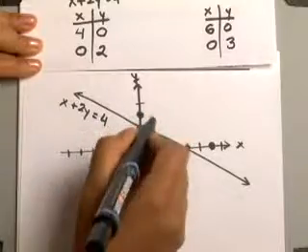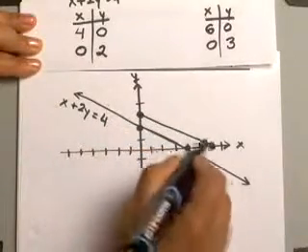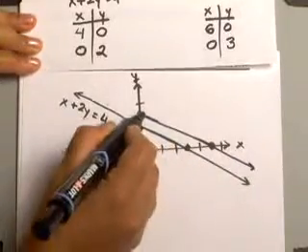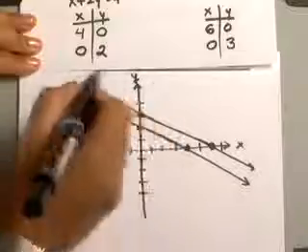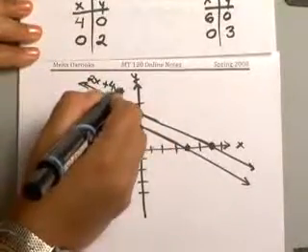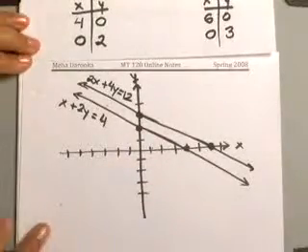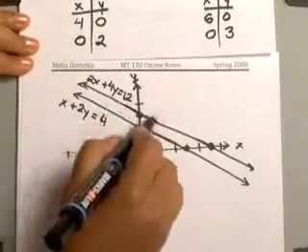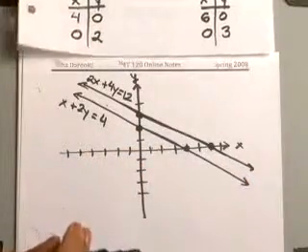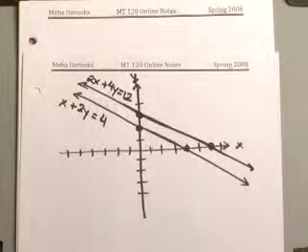So when we graph these, join these 2 points, and this one was 2x plus 4y equals 12. And you will notice that these 2 lines are parallel lines, and as we all know, parallel lines do not intersect, so you're not going to have a point of intersection.